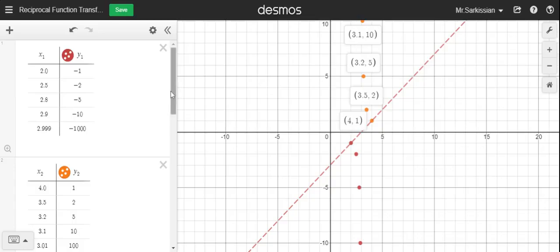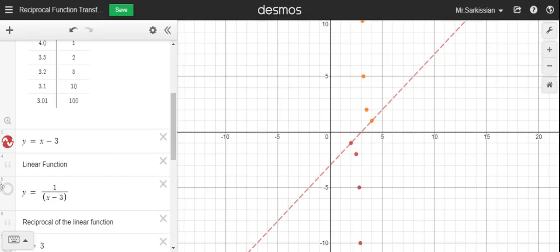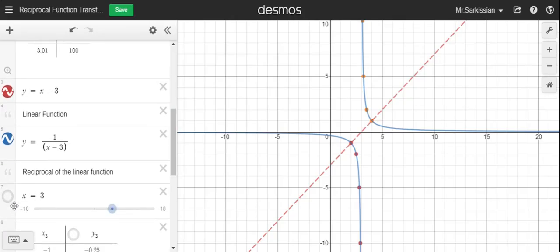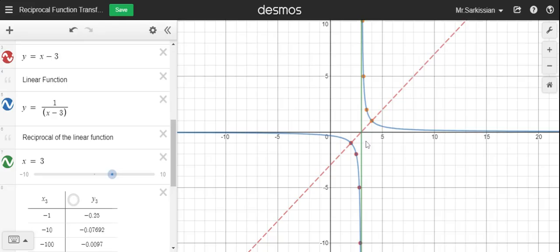So that tells us that the graph of the function, which I'm going to show you, becomes closer and closer to the vertical line x equals 3 as x approaches 3 from the right side and left side.